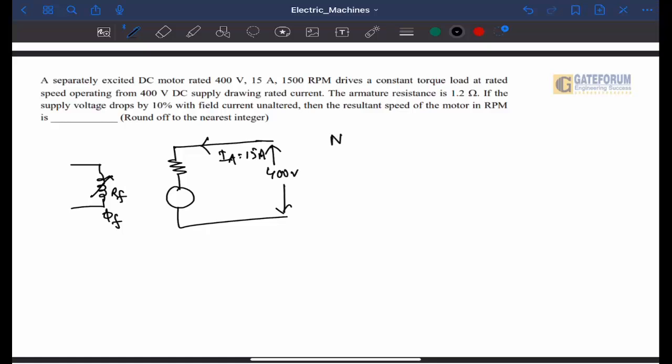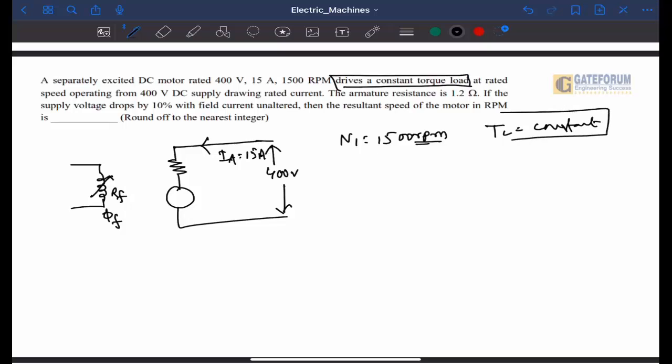The rated or initial speed, we can call it N1, is 1500 RPM. It drives a constant torque load, which means TL is constant, it is not getting changed.